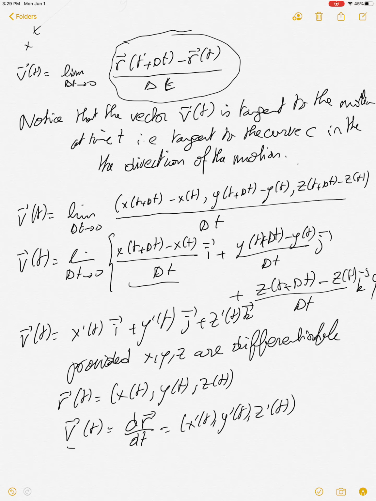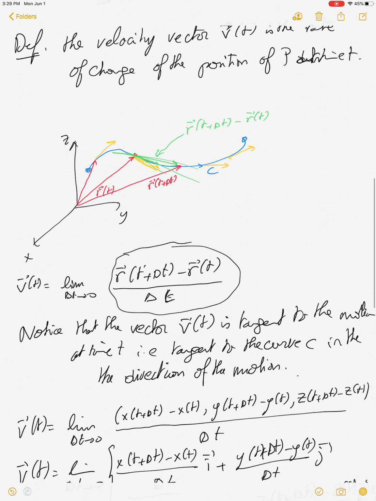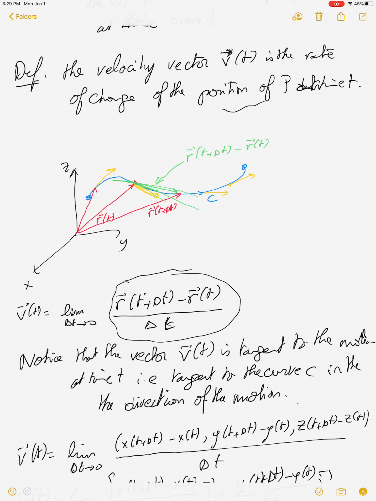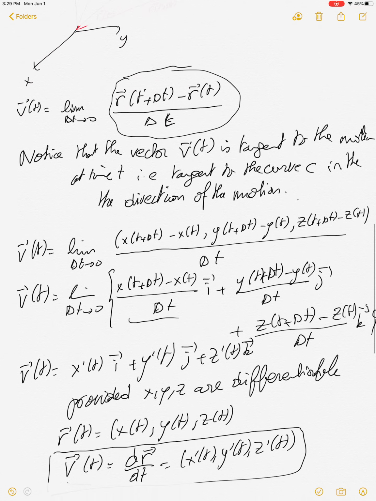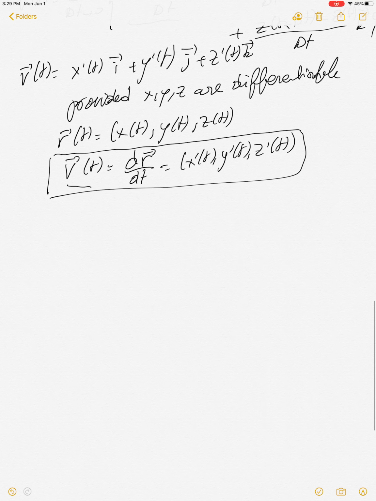Now you know how to calculate the velocity vector, but it's very important to know what it means. It is the rate of change of the position at time t. Graphically, it is tangent to the curve in the direction of motion. And how do I calculate it mathematically? I just differentiate. And remember, the velocity is a vector.